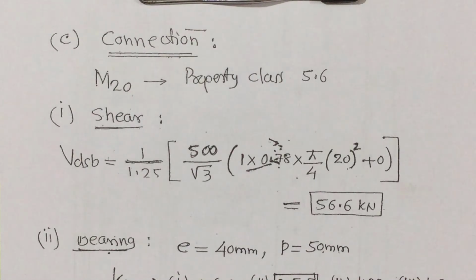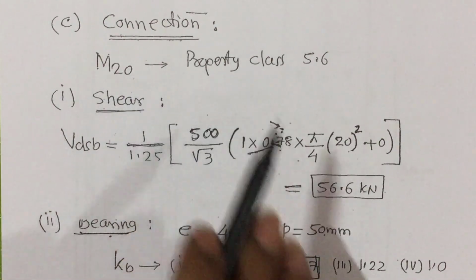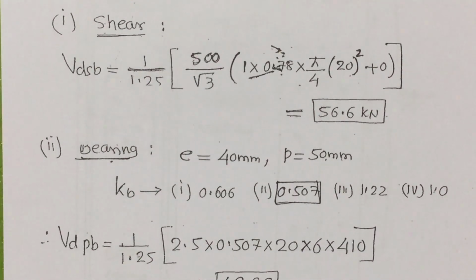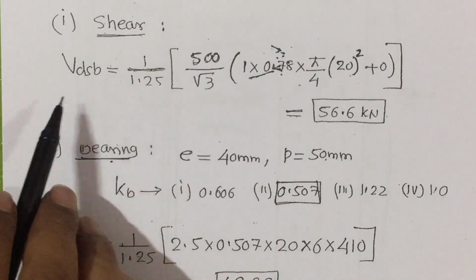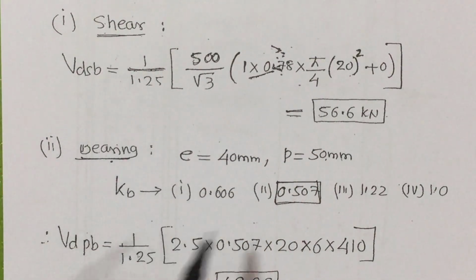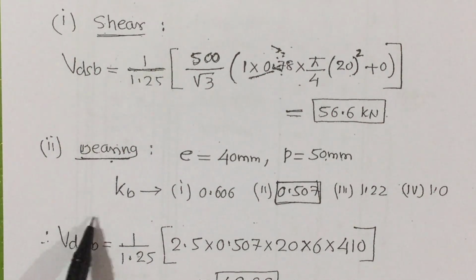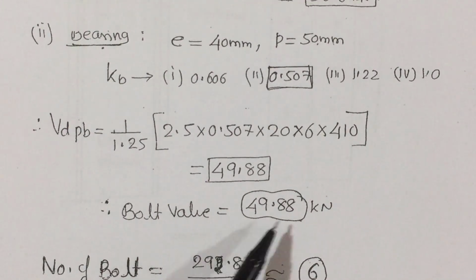Coming to the next step, we did flange splice design as well as web splice design. Then we will check for connections. Here given M20 property class 5.6, that is bolted connection. Then in shear check, calculate VNSB, then VDSB. Then in bearing, calculate KB, then VNPB, then VDPB. Bolt value will be the least value of VDSB and VDPB.